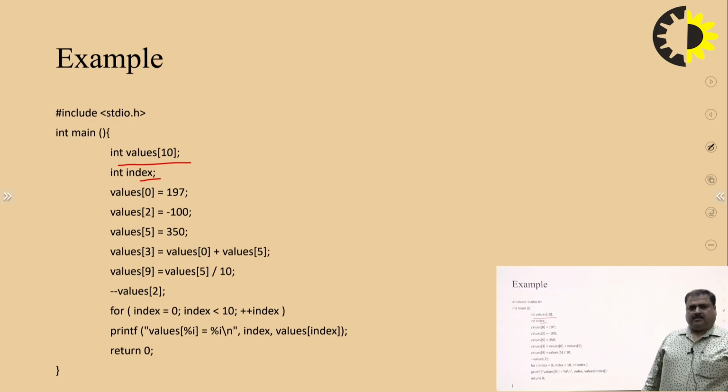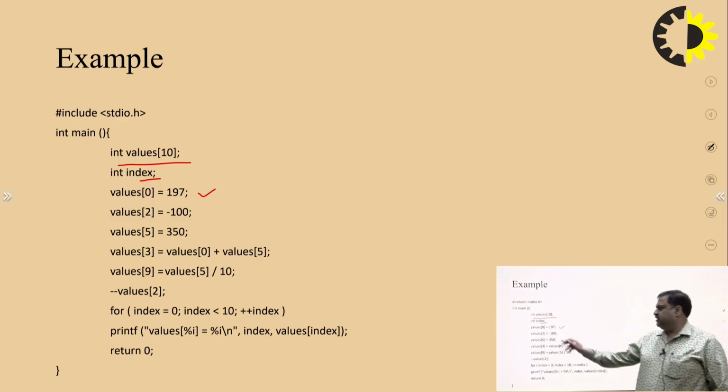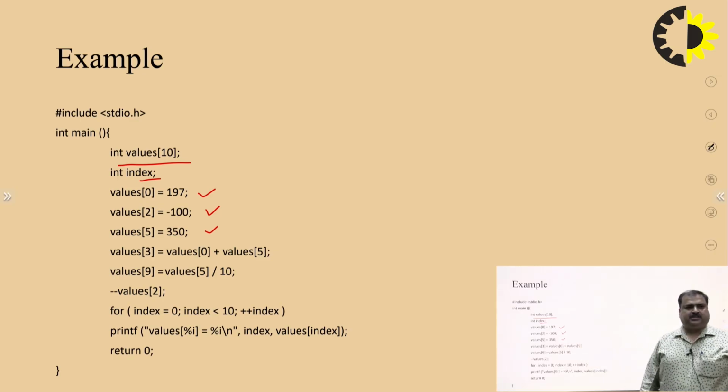Then we can initialize the values after declaration also. For example, at the first position I want to have the value 197. At index 2 I am storing -100. At index 5 I am storing 350.